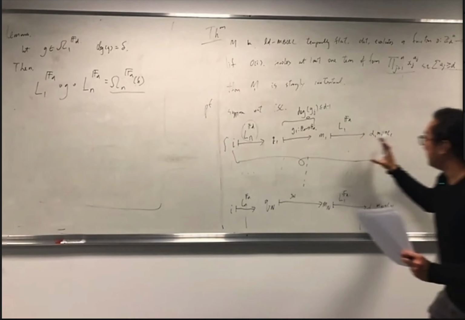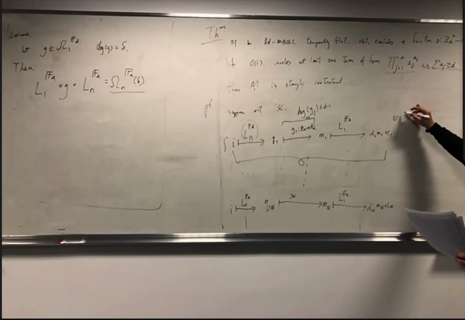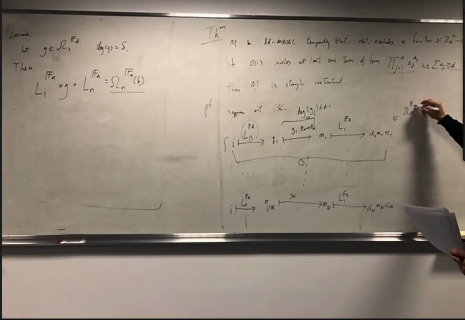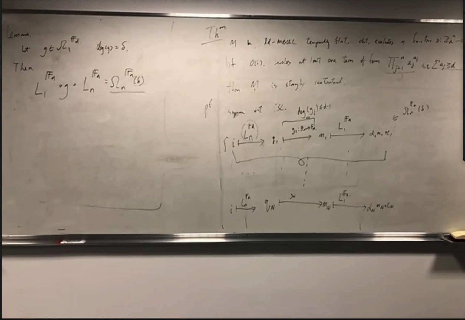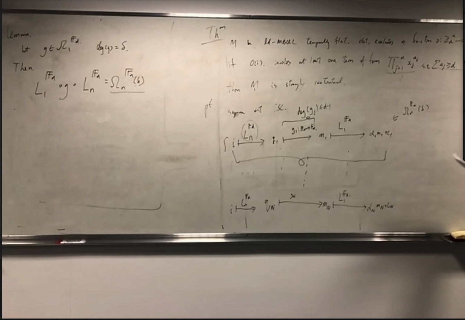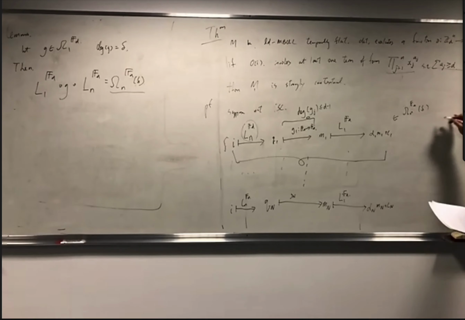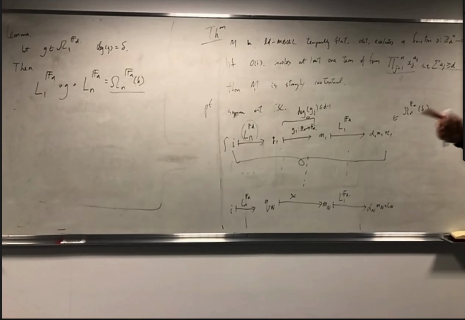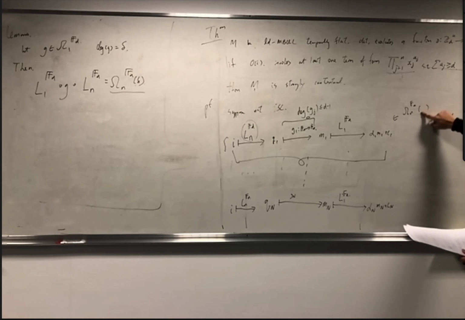Up to here, we should have something inside omega n Fd delta. So what that means is you have a polynomial with degree less than d minus 1.